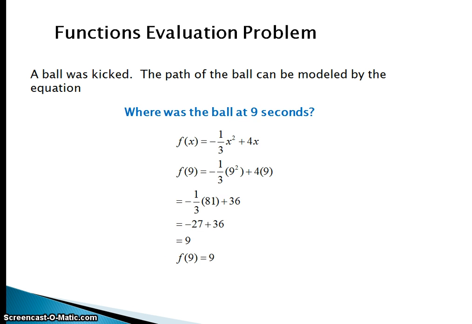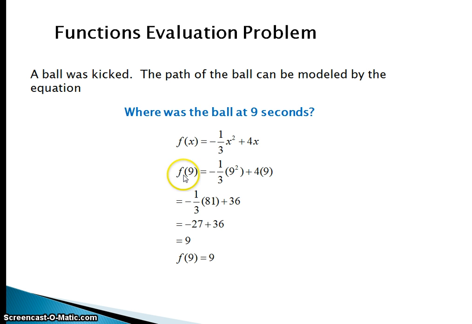If I do need to do that, I'm going to use function notation like this. Where was the ball in 9 seconds? Well, if I know that x is seconds, then everywhere I see x, I'm going to substitute 9. In other words, I'm going to evaluate this function at 9.